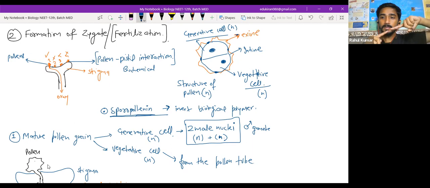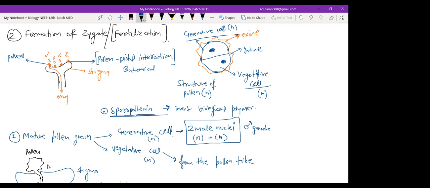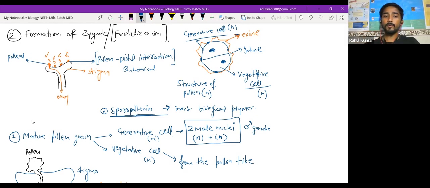It's like a lock and key mechanism: when the proper key fits the proper lock, the door will open. That is called pollen pistil interaction, and it is important for species identification, so that only same-species pollen is allowed to form a pollen tube, because the pollen has just fallen on the top.